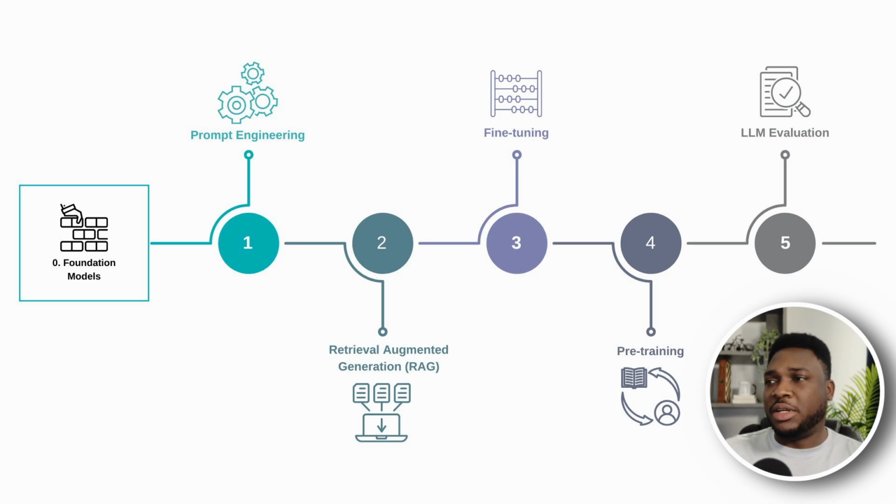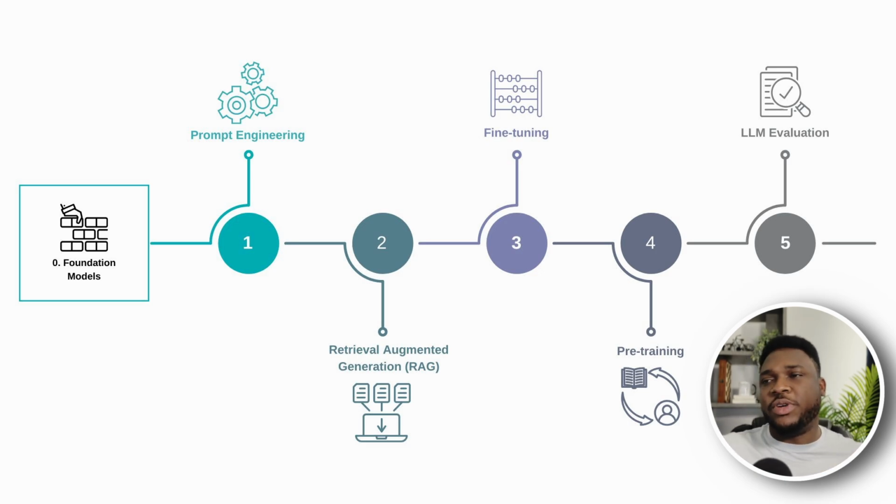If you're watching this on the video, I have this picture that I've put up that explains how these building blocks go. It starts from step 0, goes to prompt engineering, which is step 1, comes to RAG, retrieval augmented generation, step 2, step 3, step 4, until you get to 5.